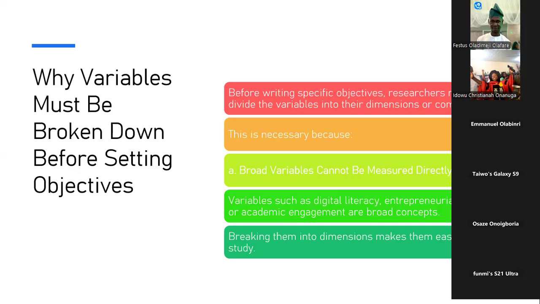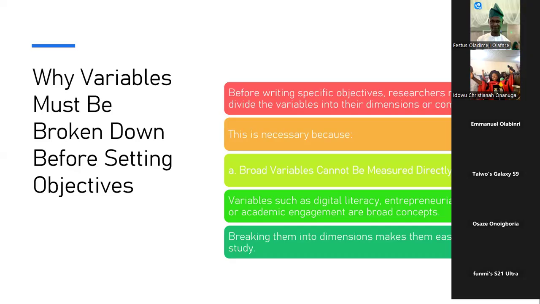Just like if I'm conducting a study on influence of family background on students' academic achievement or academic performance, or I'm looking at relationship between, let me put it that way, family background and student academic performance in maybe computer science, for instance.